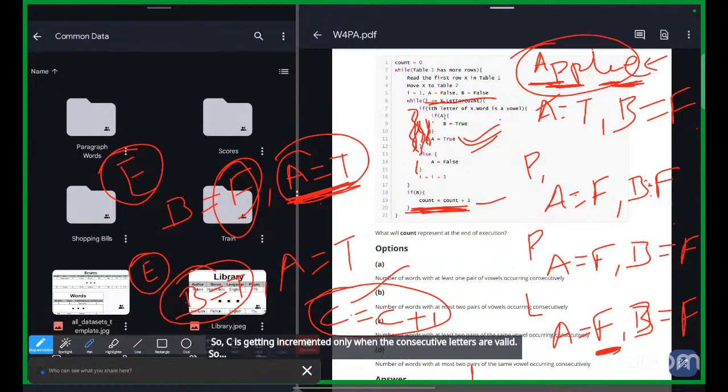So if we check the options: number of words with at least one pair of vowels occurring consecutively, number of words with at most two pairs, number of words with at least two pairs of same vowels. Which one do you think is the correct option? Option A, B, C, or D?